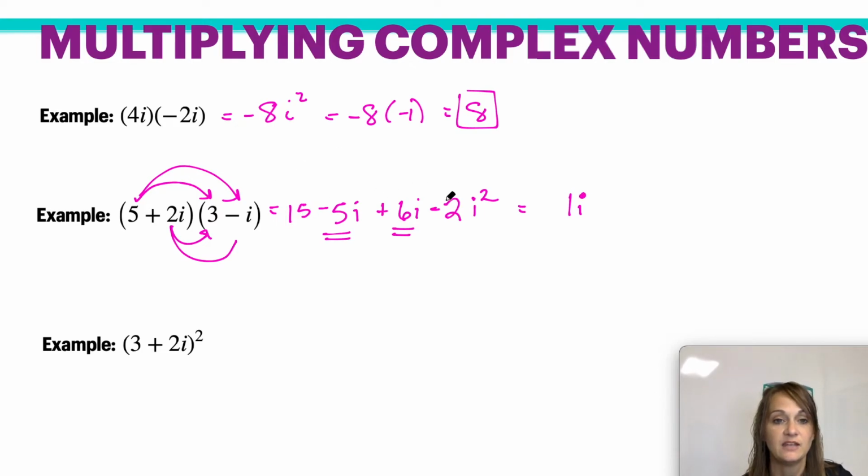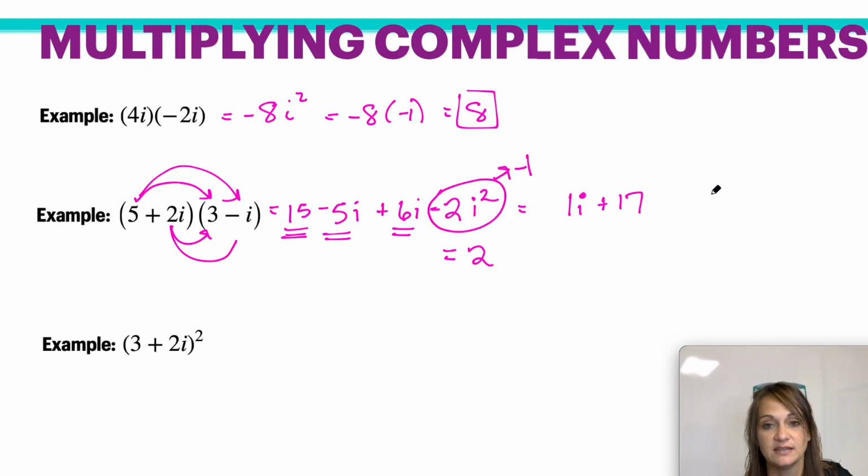And then if you notice, this right here actually can be combined to become a real number. We know that i squared is negative 1. So negative 2 times negative 1 actually turns into a positive 2. So 15 and 2 give me 17. So our answer is 17 plus i.